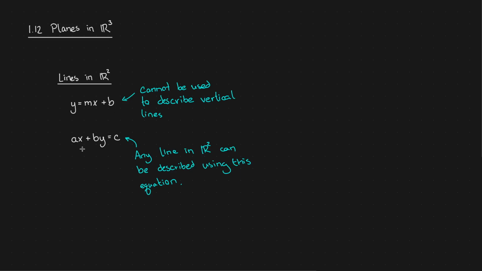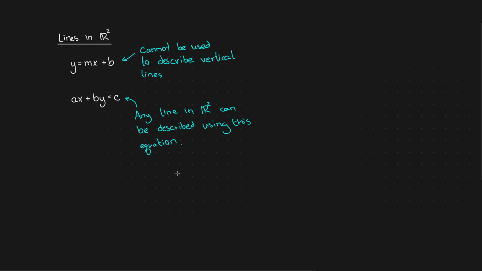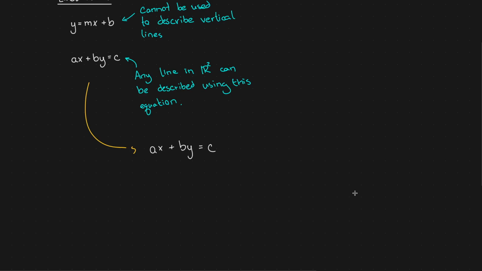Okay, and just to be clear, a, b, and c are constant values. x and y are variables, right? So let's pull this over so we could think about this a little more deeply. Now that we have a background in vectors, we can actually rewrite this using vector notation.